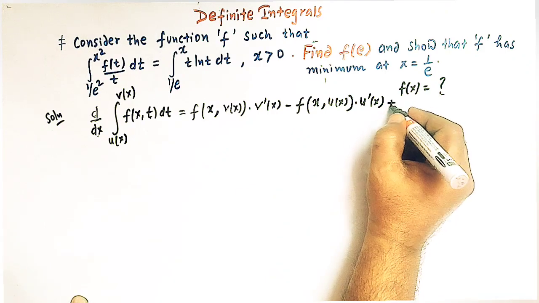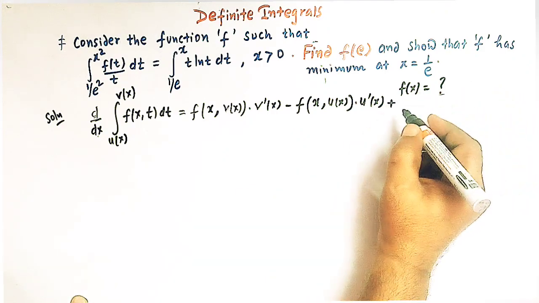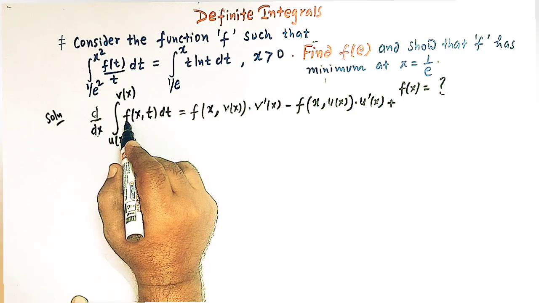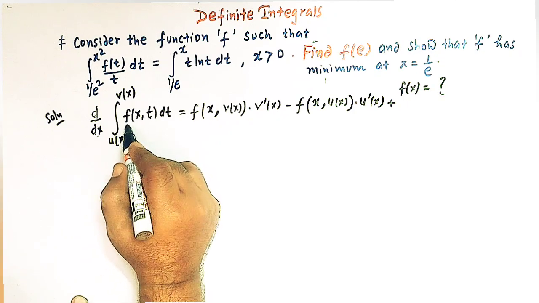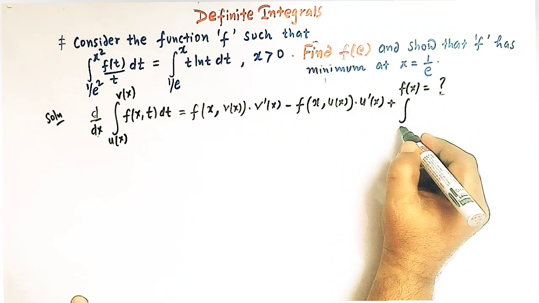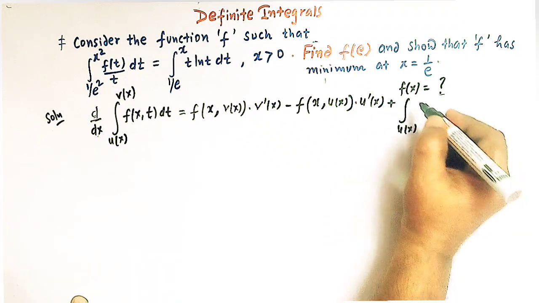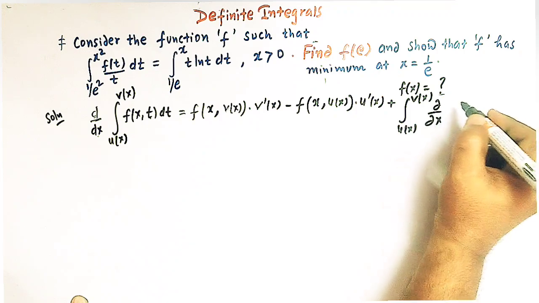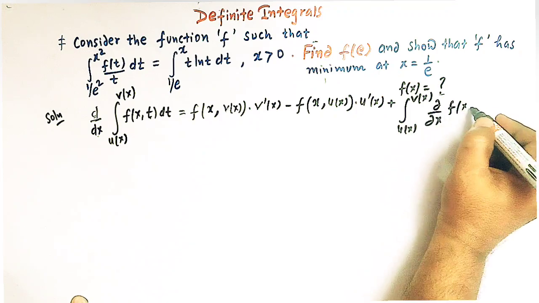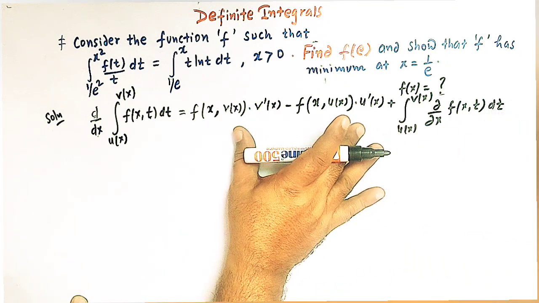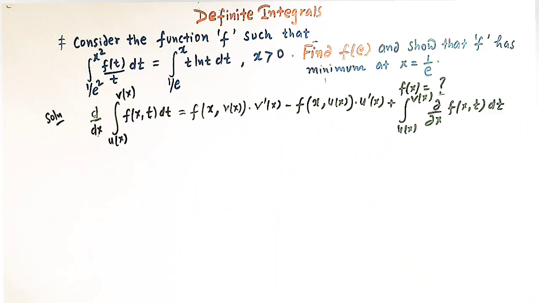And then we have here a third term, which is the partial derivative of this function with respect to x, right? So we write here the integral from u of x to v of x of del over del x of f of x comma t dt. So this statement is known as Leibniz integral rule.